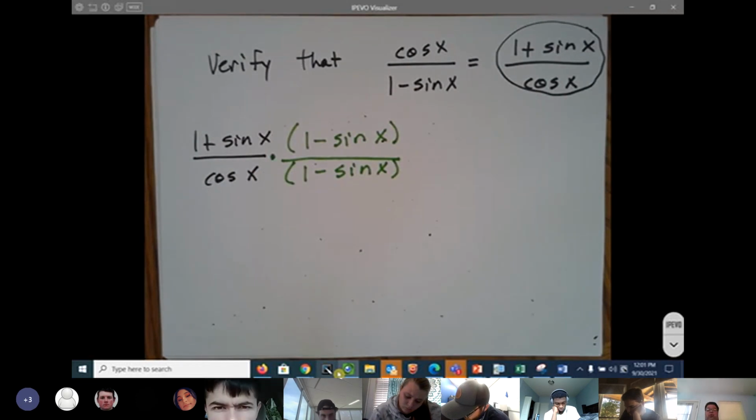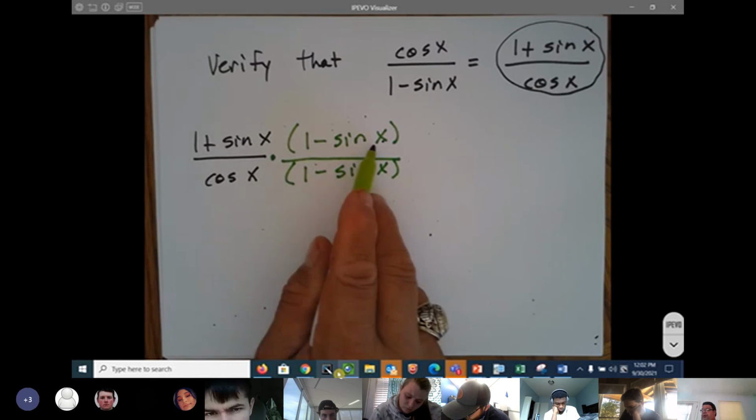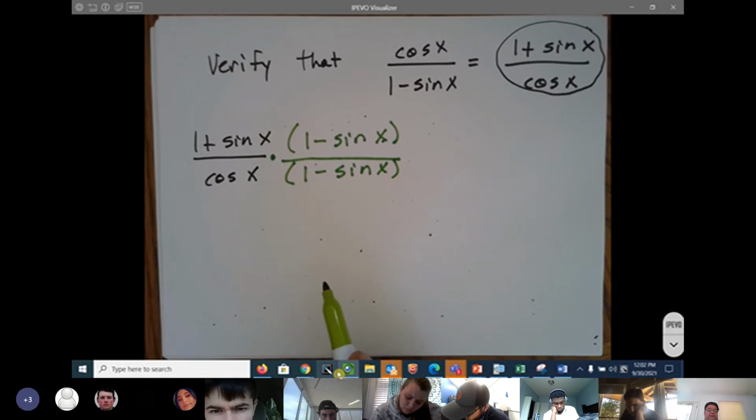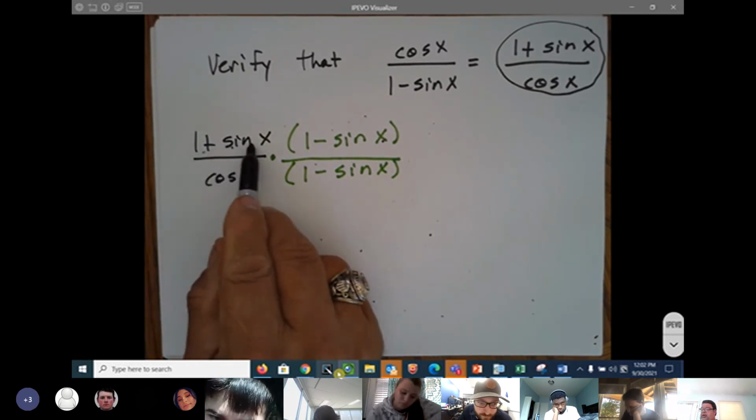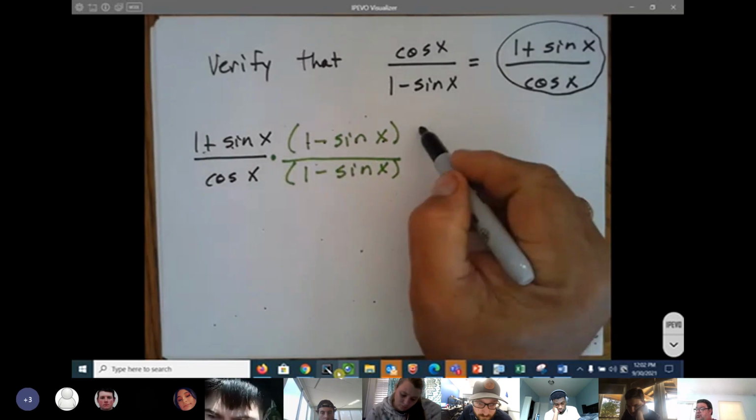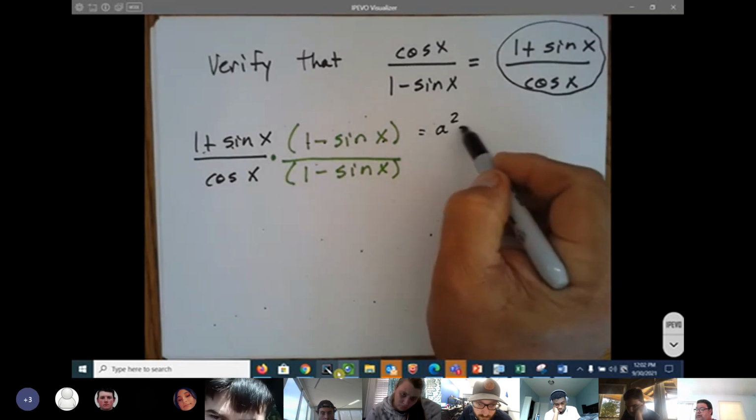And somebody tell me what that will give me on the top up here. Shortcut number what? Number 3, Hubert. That's what I was going to tell you. Y'all ain't going to like this because y'all try to push those shortcuts under the rug and not learn them. And they plague you all the way up to differential equations. So this is a plus b, a minus b is equal to a squared minus b squared.